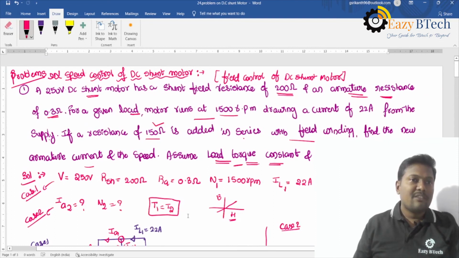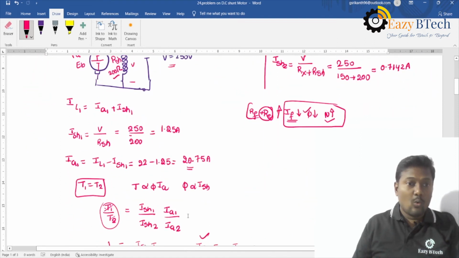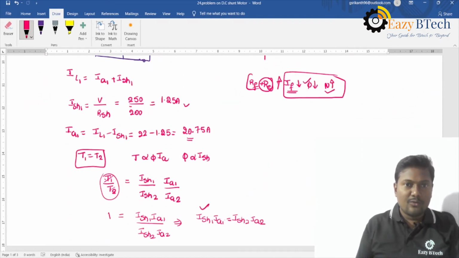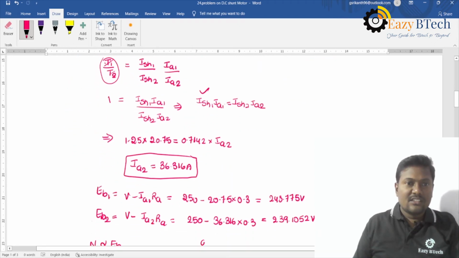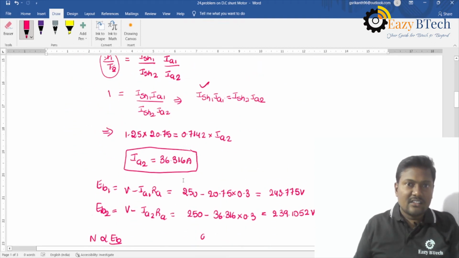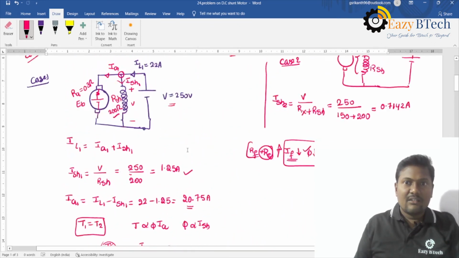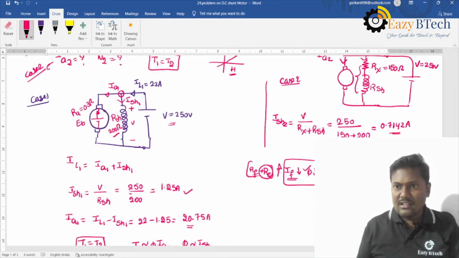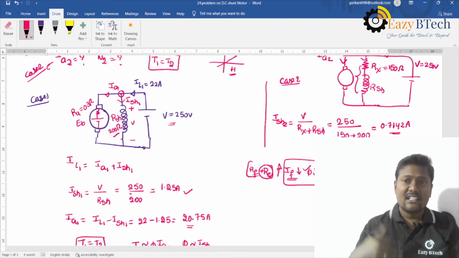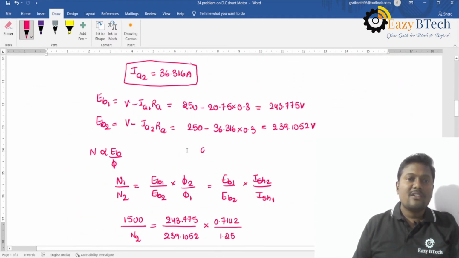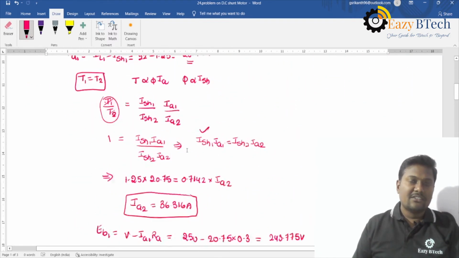The previous speed of the motor is 1500 rpm with a shunt current of 1.25. As the shunt current is decreased to 0.7142, which is less than 1.25, by inserting an external resistance in series with the field, obviously the speed will increase.